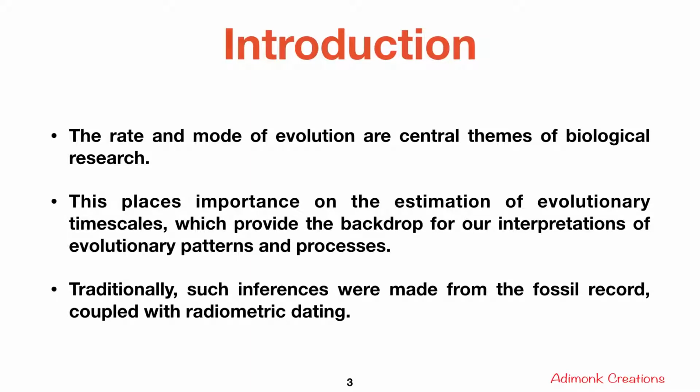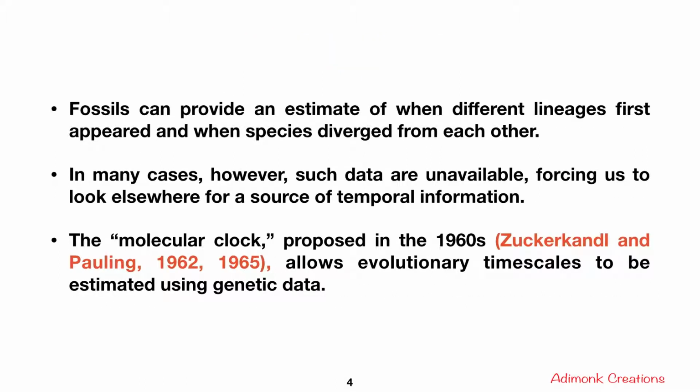Traditionally, such inferences were made from the fossil record coupled with radiometric dating, that is, carbon-14 dating. Fossils can provide an estimate of when different lineages first appeared and when species diverged from each other. But in many cases, such data are unavailable, forcing us to look somewhere else for a source of this kind of temporal information.